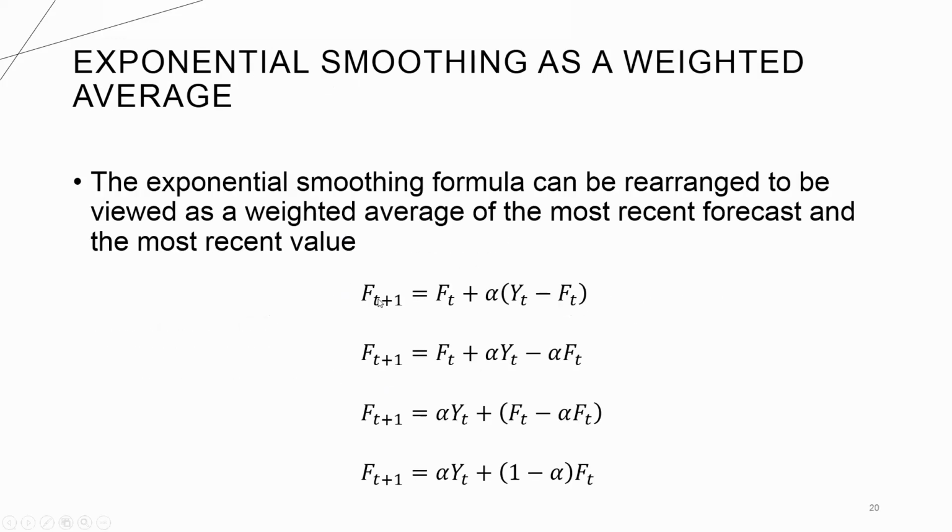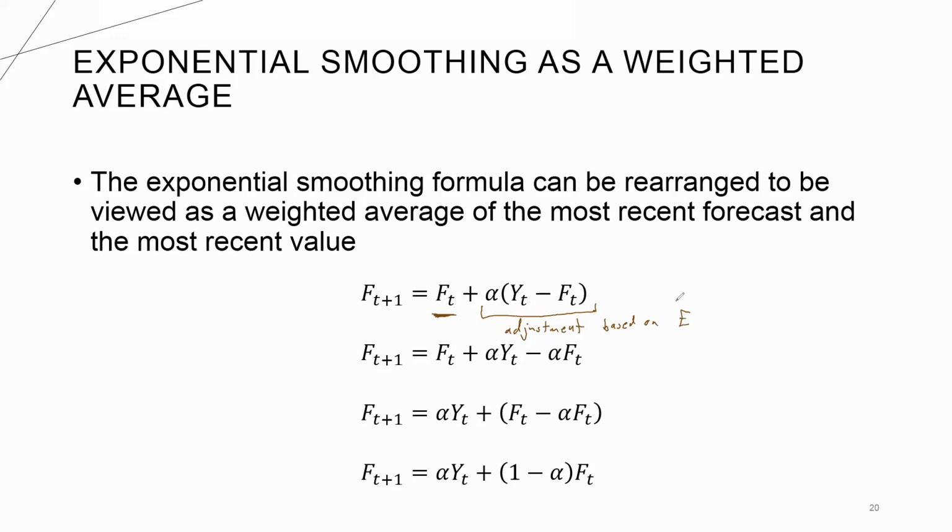This slide is showing two different ways that these are thought of, right? So we can think of it this way as being, we're taking our old forecast and we're making an adjustment based on the error, right?